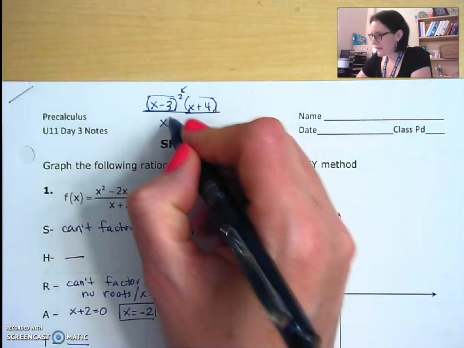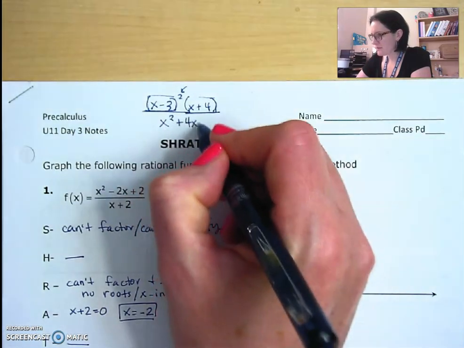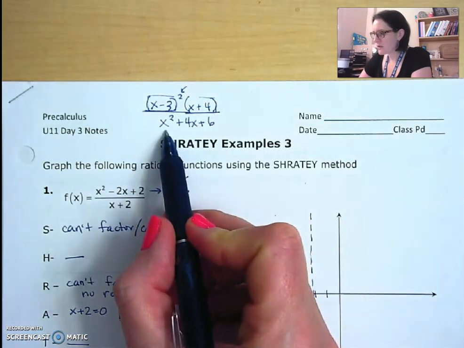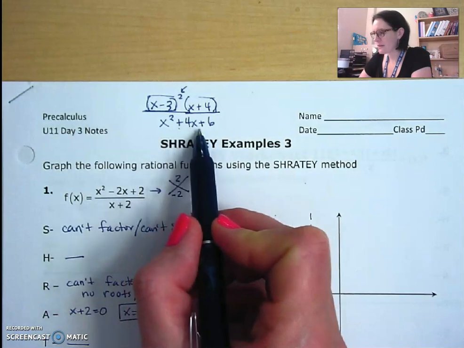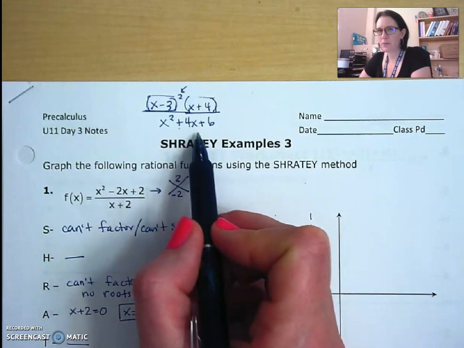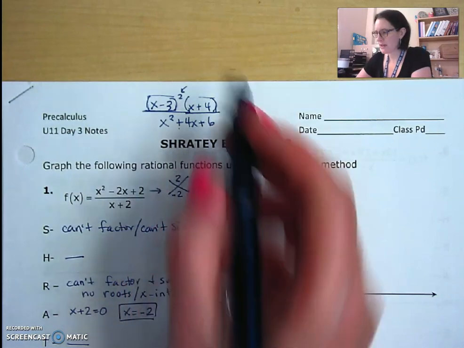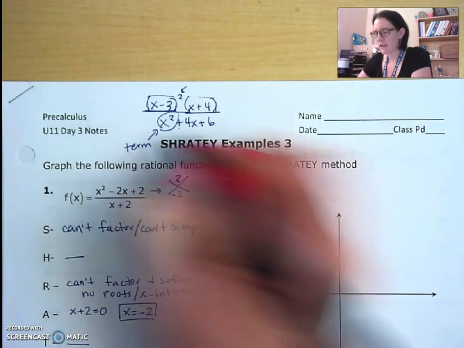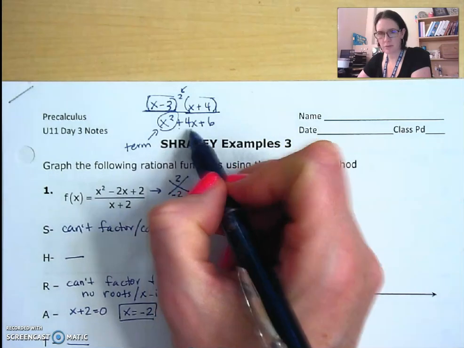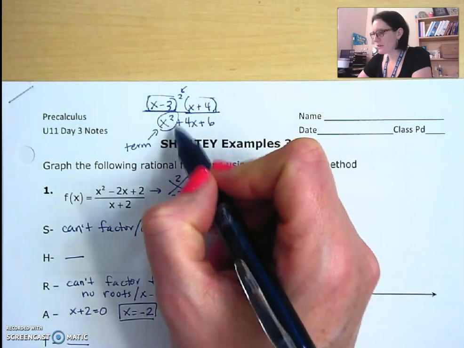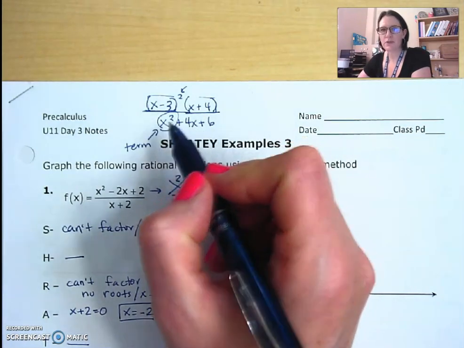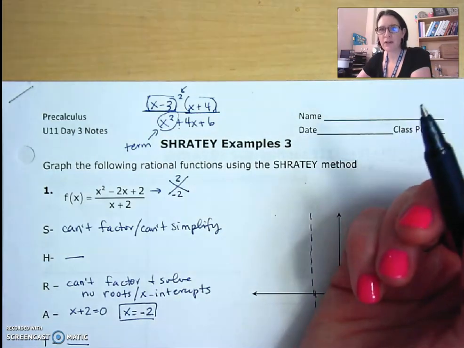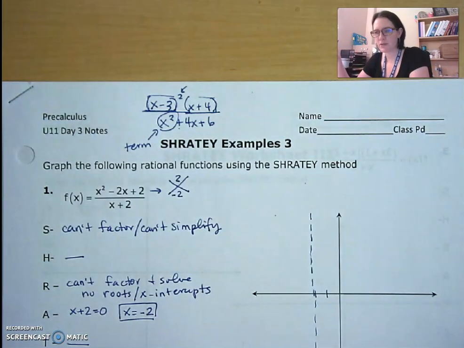If we have something like this squared, this x squared term is being added. Okay? If something is being combined with other terms with addition or subtraction, this is called a term, not a factor. It's not being multiplied by anything. So this squared doesn't count when we're trying to determine behavior at the roots or behavior at the asymptotes.